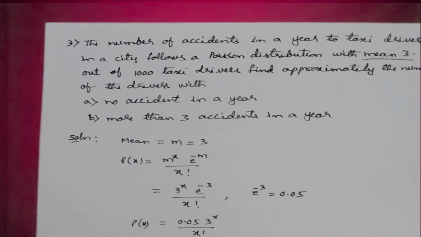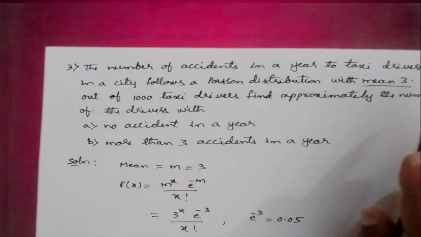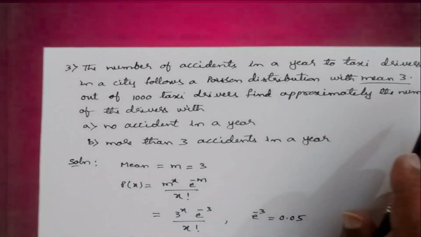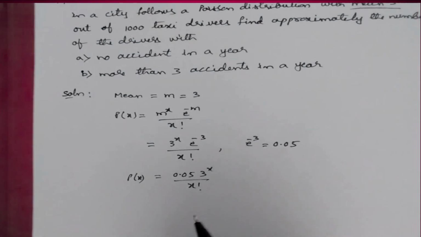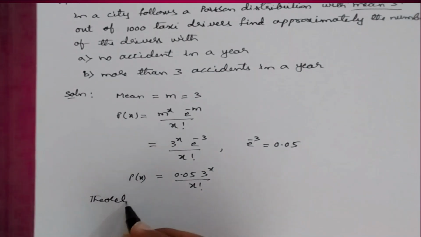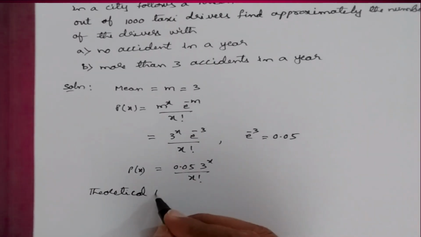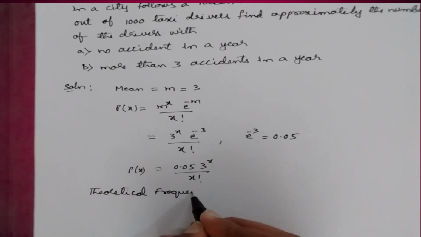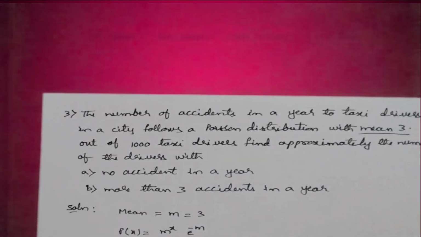Further, he asks us to find approximately the number of drivers. Whenever you want to calculate the total number of drivers, you have to go for the theoretical frequency. So therefore your theoretical frequency f of x will be, what is the total number of taxi drivers?